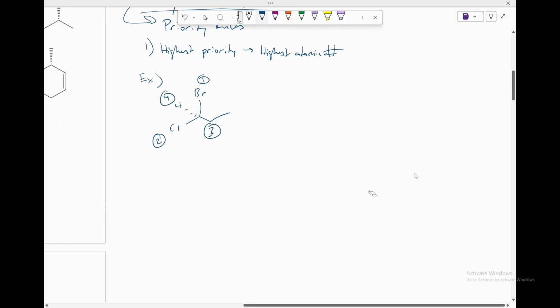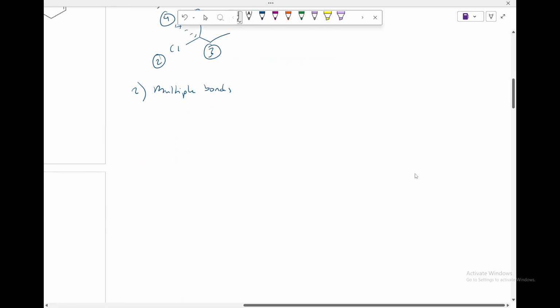If for some reason we have multiple bonds, I'm afraid I'm going to have to explain it in a different way because I'm not good with words. So let's say I have this methyl in the front, hydrogen in the back, and what if I have, actually no, I'm going to make this an ethyl.